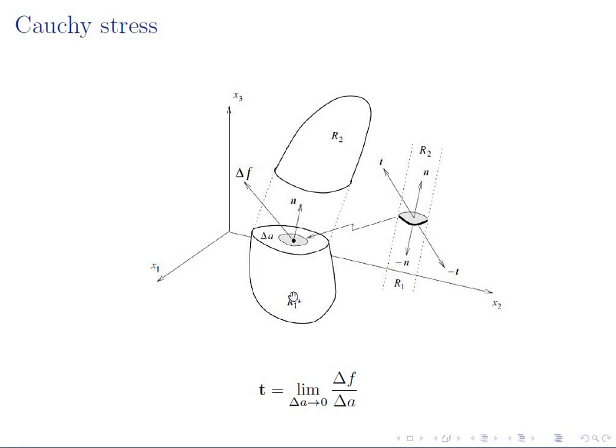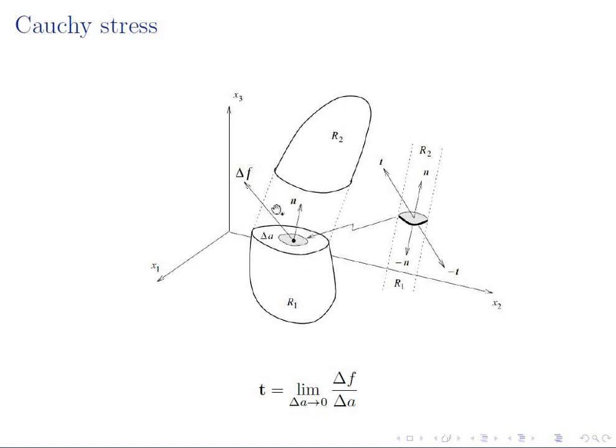For example, if this is a body, let's say I made an imaginary cut at this particular plane, and I would like to see what the forces are which R1 exerts on R2, and which R2 exerts on R1.